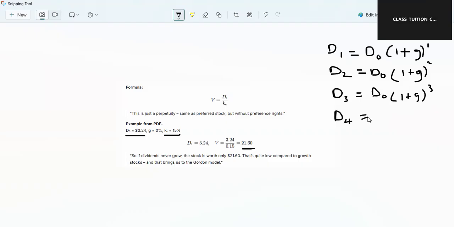If you're going to put D3 here, what becomes our power? 1, because the difference between the two is 1. If this was constant growth, you can even use the same formula to get the answer. If it was D4 on D2, the difference is in the years. So this is what you need to know.